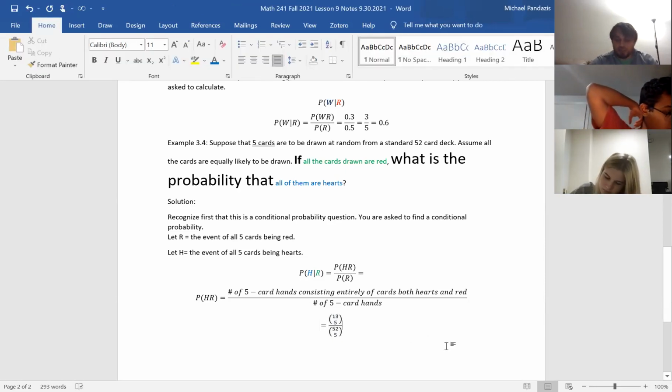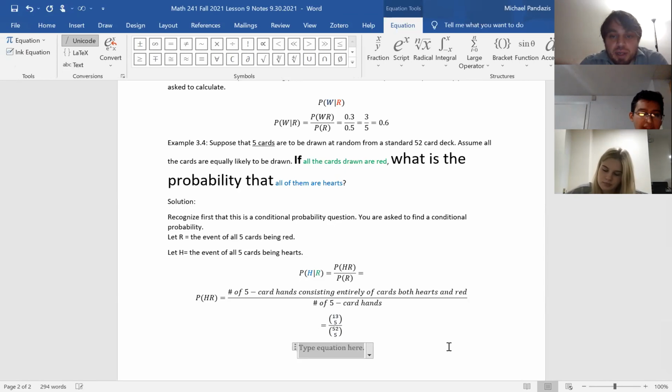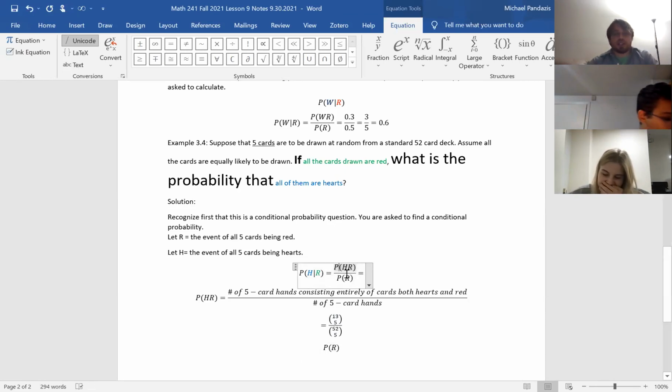Now, the probability of a hand all red, so what we're doing is calculating this. And it's a 5-card hand.